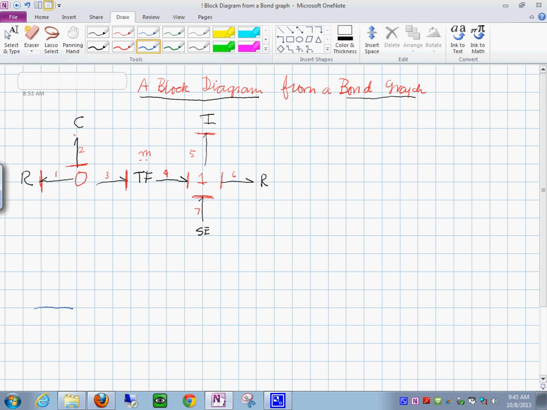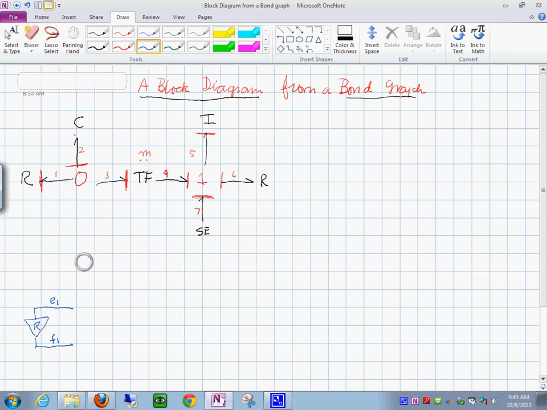This is the R element. The R element has E1 that comes in, gets multiplied by R, let's use the Simulink notation, okay? And then out of this comes F sub 1.